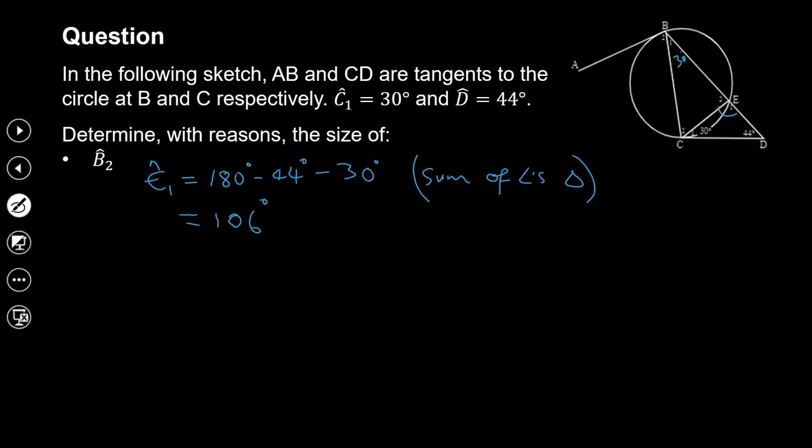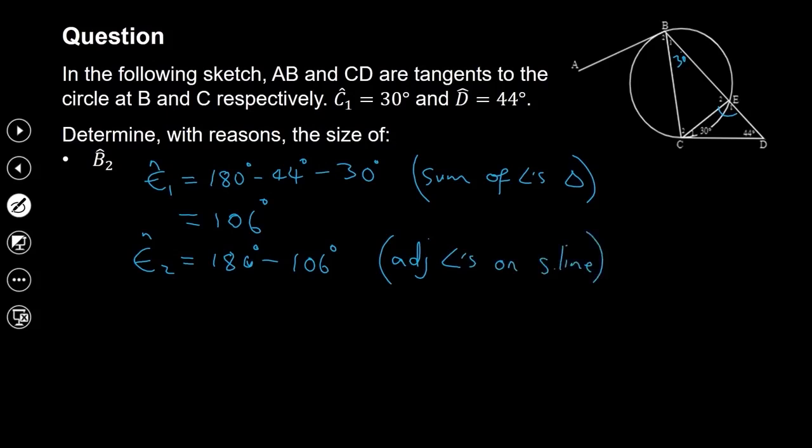And then from there I can claim that E2 is equal to 180 degrees minus 106 degrees, and this will be adjacent angles on a straight line, right? On a straight line.